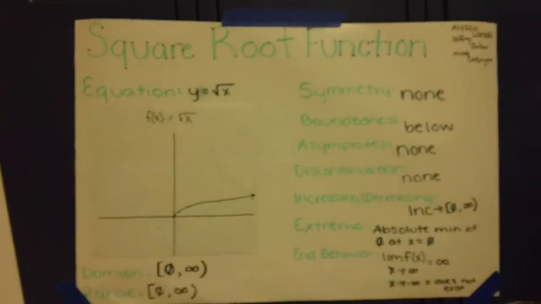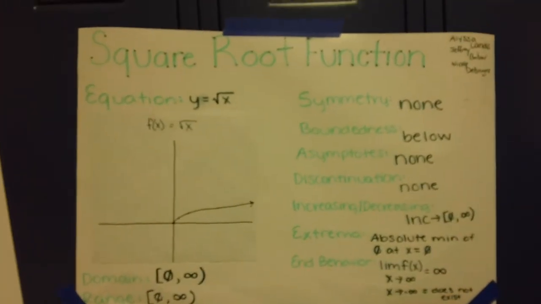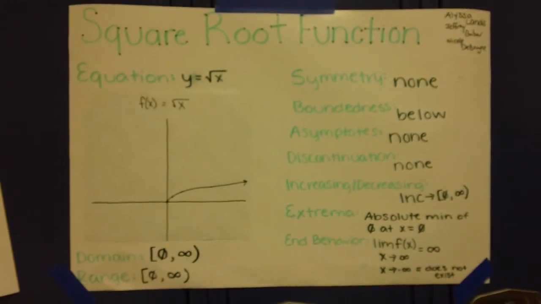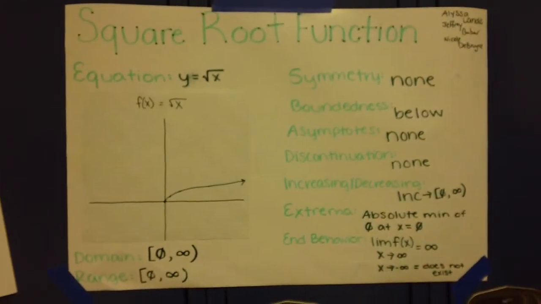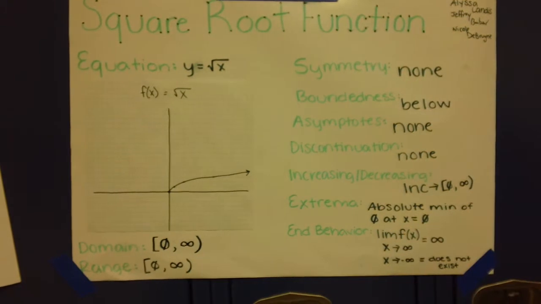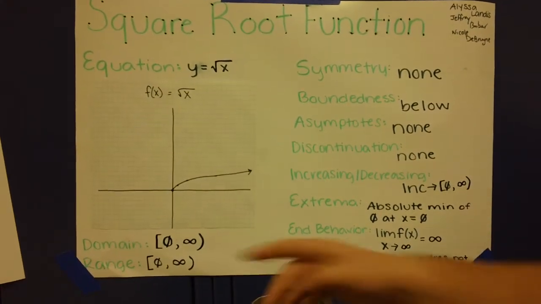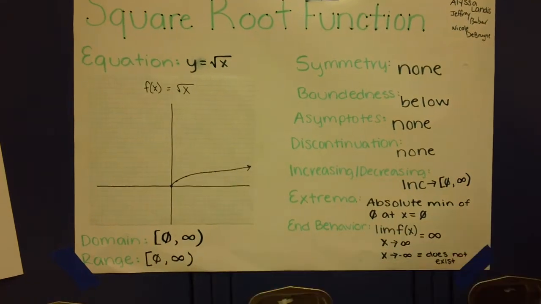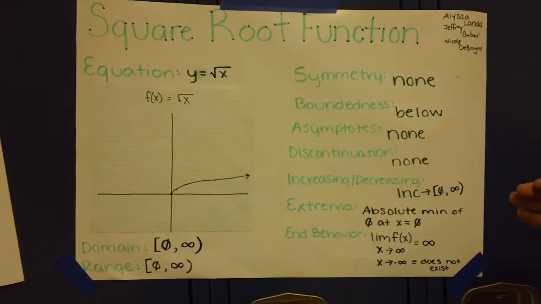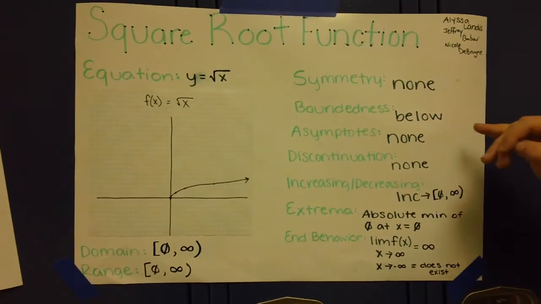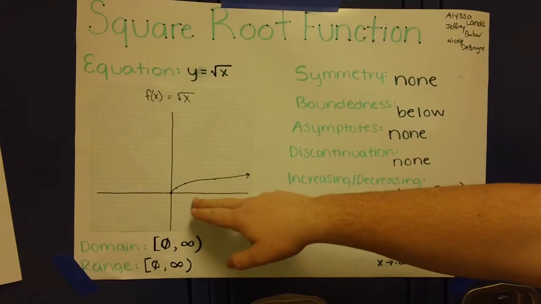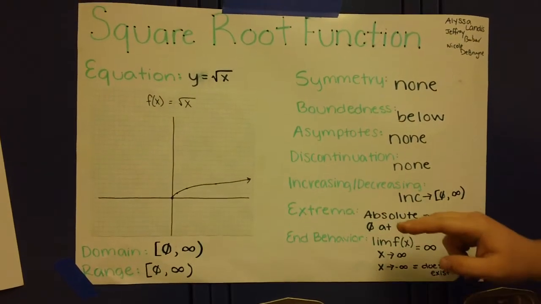Okay, so this is the square root function. The equation is f of x equals the square root of x. This is the graph right here. The domain is all positive numbers as seen here, as is the range. There is no symmetry, and it's bounded below since there's nothing below the y-axis.